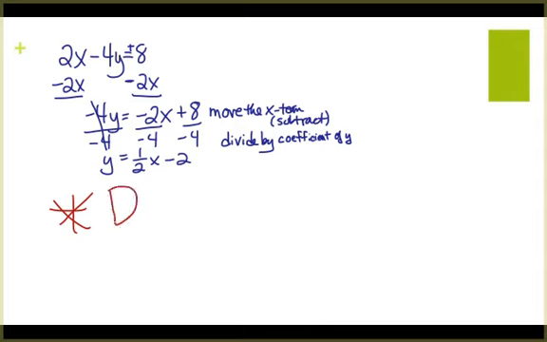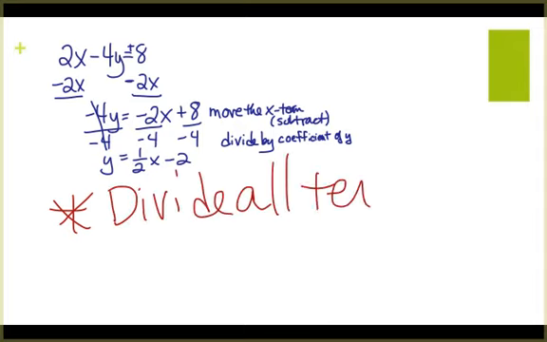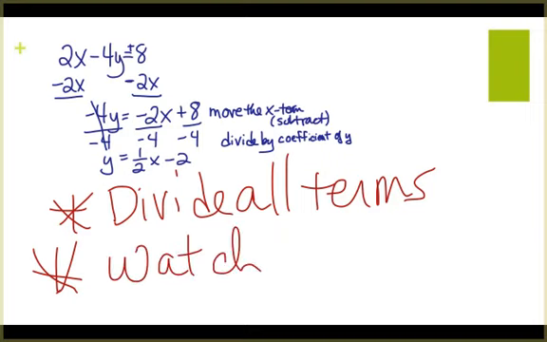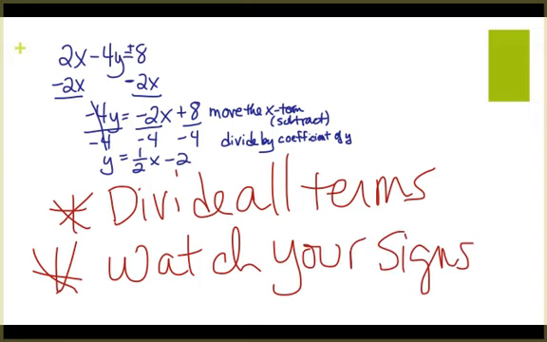Remember to divide all the terms. And the other one is, watch your signs. Okay, and I could add, make sure you have them in the right order, but since we've been talking about slope-intercept form, I bet that's not as big of an issue.